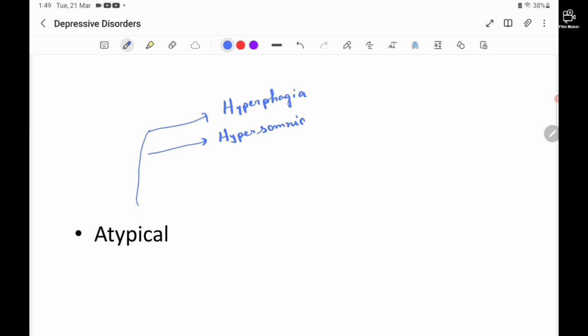Now, let's describe it. In atypical depression, the symptoms which we find are hyperphagia, hypersomnia, interpersonal sensitivity.